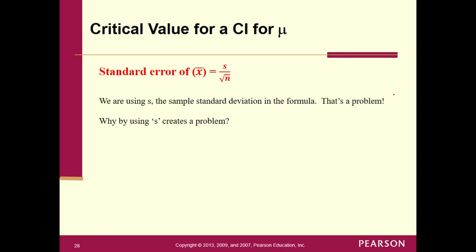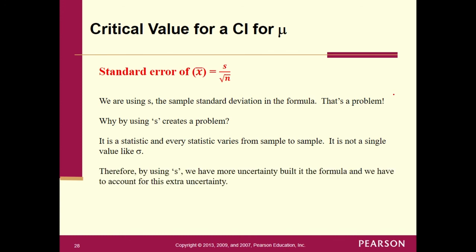Why does using S create a problem? Well, it is a statistic, and every statistic varies from sample to sample. It is not a single value like sigma. So S is a statistic. It varies from sample to sample, so it's moving around. It just depends on what people or things you brought into the sample.